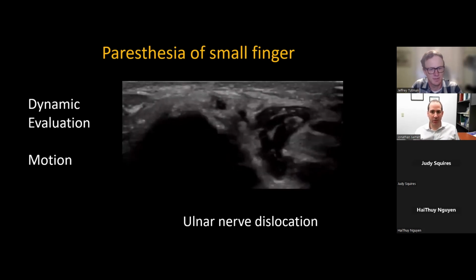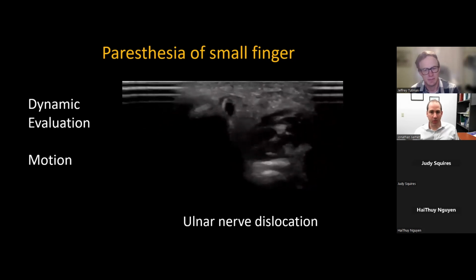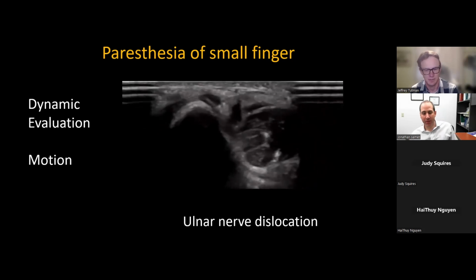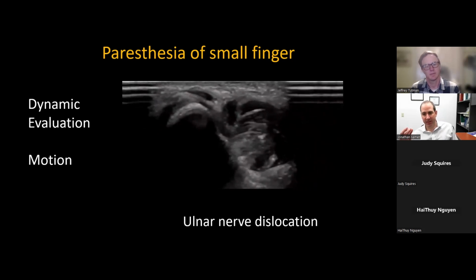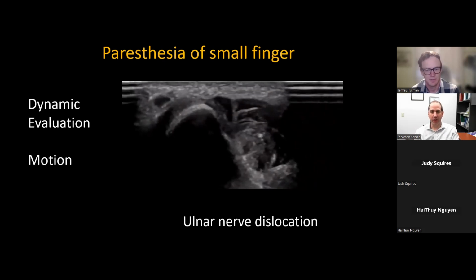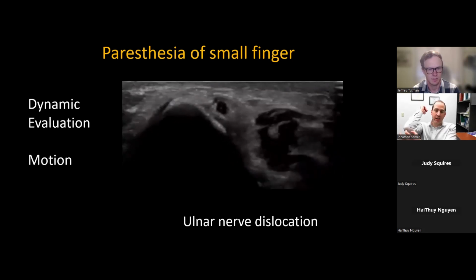We can do dynamic evaluations, right? What this is, and you can watch this clip, is a patient with paresthesia, so some numbness and tingling in the pinky finger. So you think to yourself, what nerve distribution is that? So remember the ulnar nerve. And what we're doing is we're scanning transversely over the cubital tunnel right here.